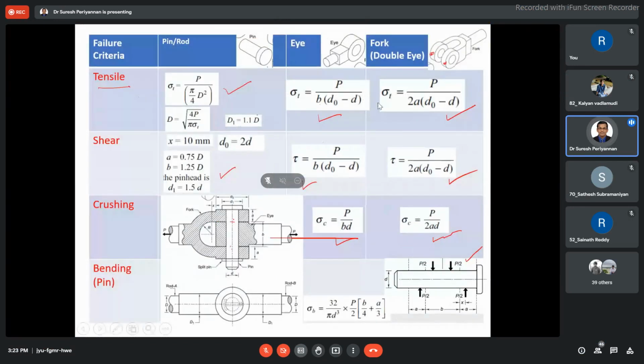Now, just to recap what we discussed yesterday: we completed all the shear force, tensile force, and crushing force acting in the knuckle pin, eye, and fork.